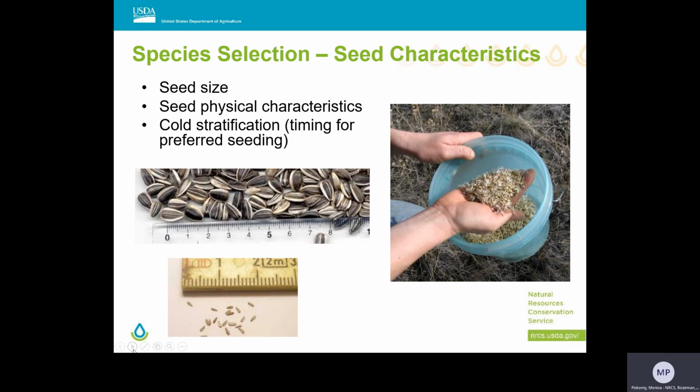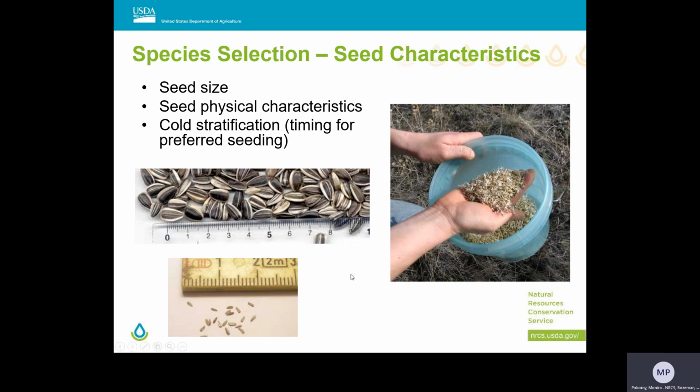Some other things to consider when developing a seed mix are the seed characteristics. Those would be the seed size, seed physical characteristics, and if the seed needs to go through a cold stratification period. The first thing to be aware of is that different size seeds in a seed mix need to be compatible.